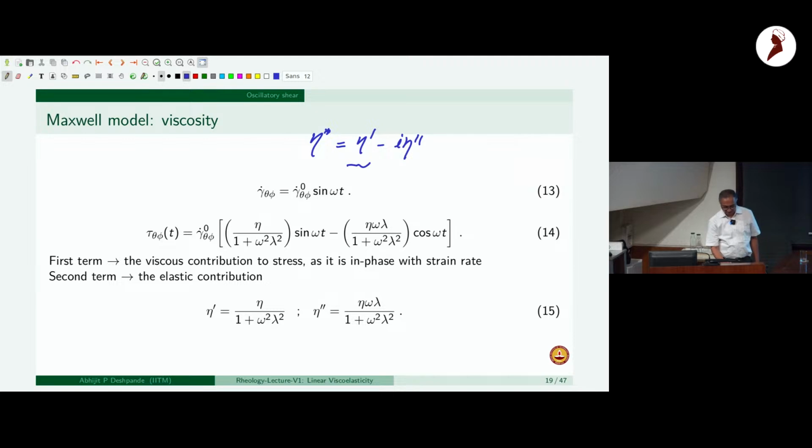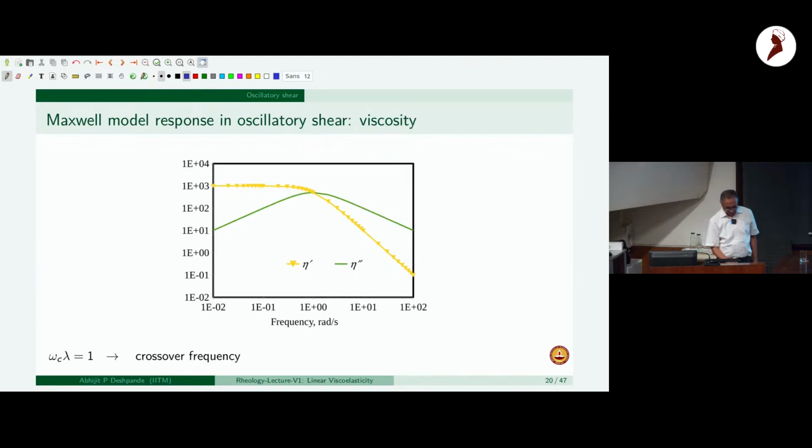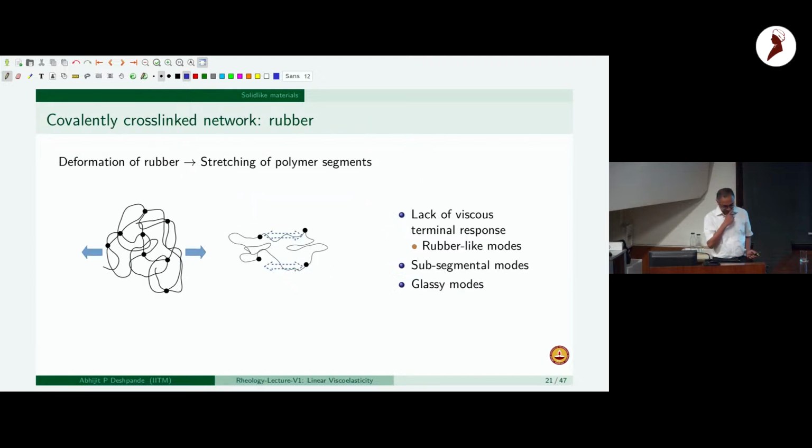So you have the viscous viscosity and then the elastic viscosity, just the way we had storage modulus and loss modulus, and then the complex viscosity. So the Maxwell model again shows a complex viscosity, with eta prime decreasing with frequency. This is mostly used in polymer literature, not really other places.